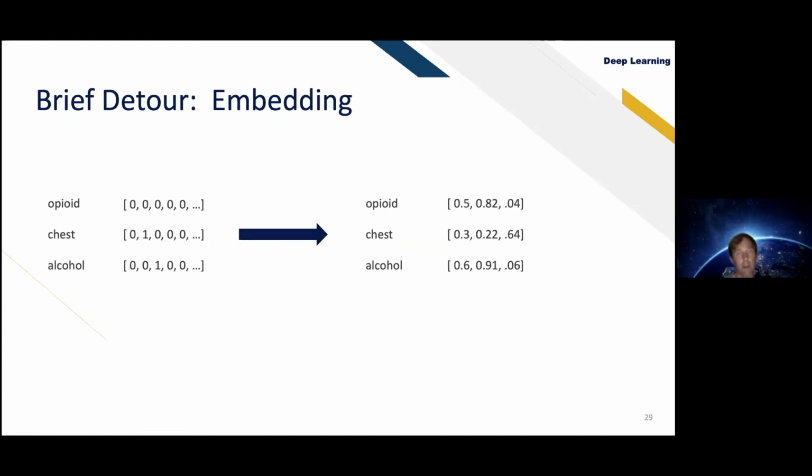If you have a dictionary of 100,000 words and you have a sentence, and I want to represent opioid as a word, it's going to have a vector with 99,999 zeros, and you have one that's representative of the opioid word. And so you get these very, very sparse representations.